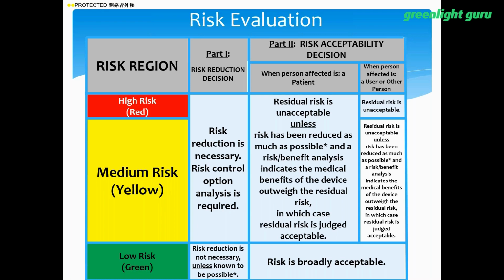And when you look at it for a healthcare provider or another person, then that residual risk is deemed unacceptable unless that risk has been reduced as much as possible or practical, and a risk versus benefit indicates that that medical benefit is going to outweigh that risk. When you're in the low or green section, then when you're looking at risk reduction, you don't have to do it. It's not necessary unless there is something possible or practical that you can apply to that.